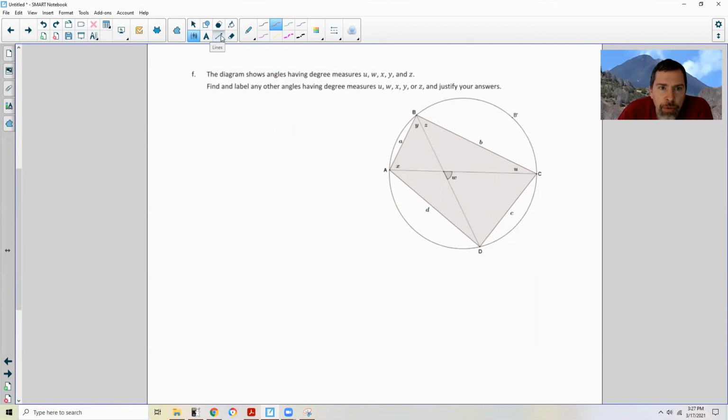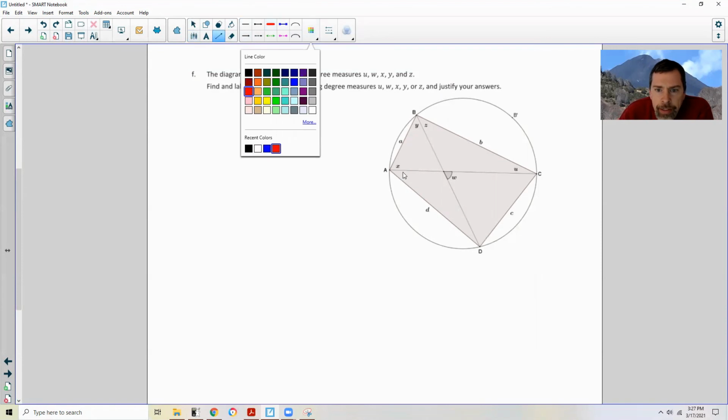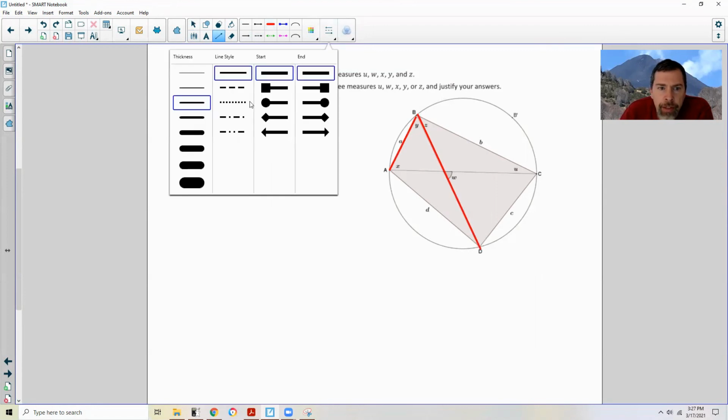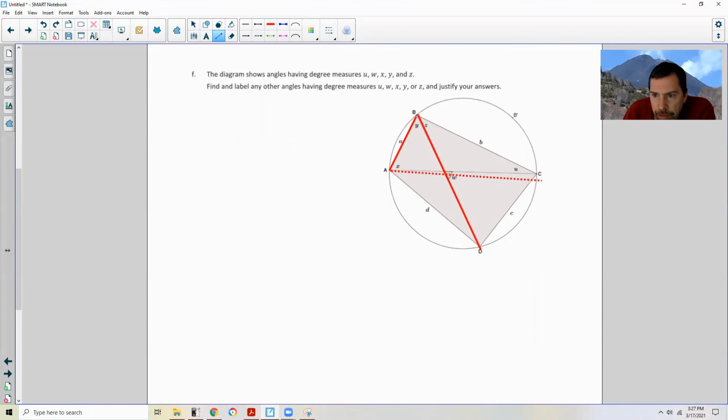Okay, so I'm going to start by highlighting an angle like so. This is angle Y. So it intercepts arc AD. So then I want to know what other angle intercepts arc AD, and it is angle ACD. So angle ACD is going to be congruent to angle Y. So I'll put a Y there, because they both intercept arc AD. So there's one.